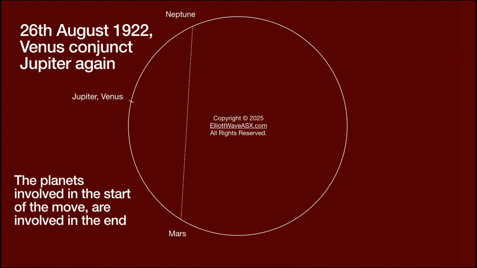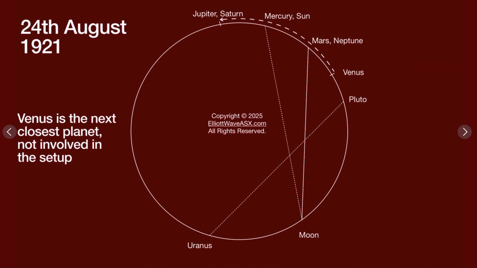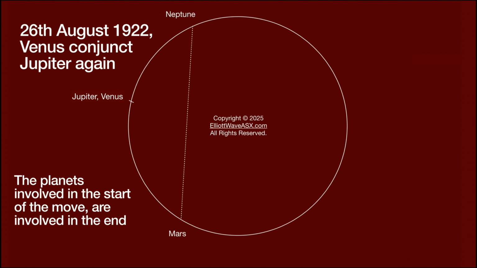Now if I skip back, Mars and Neptune were conjunct. I'm looking at the end of the move again. Now they're in a trine.